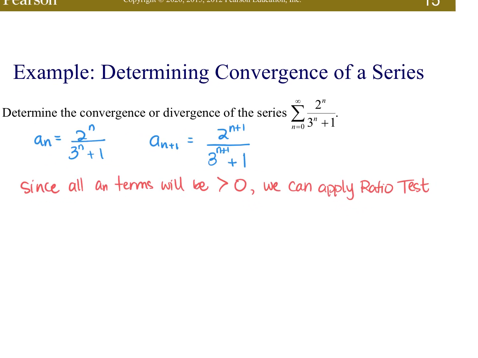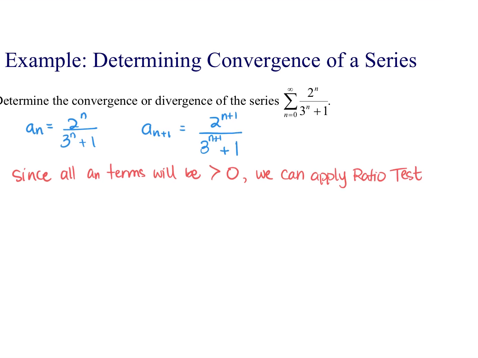So the ratio test says, take the limit as n approaches infinity and ratio these two terms to each other. So take 2 to the n plus 1 over 3 to the n plus 1 and do it in ratio to the other term.